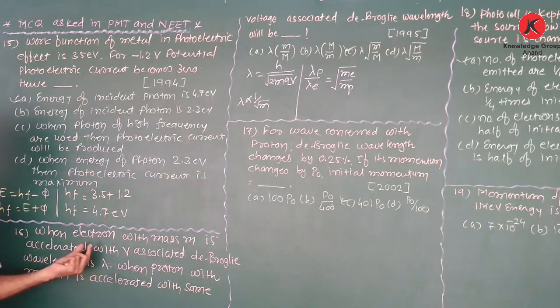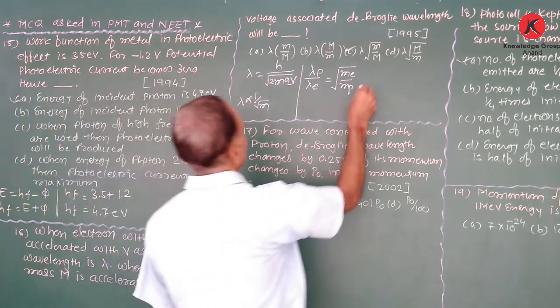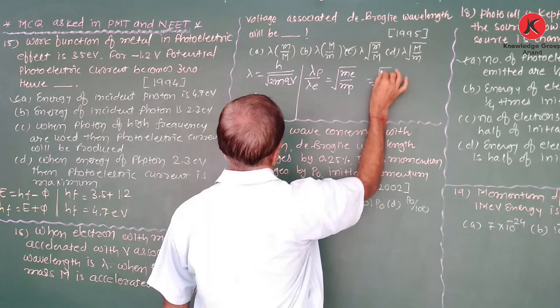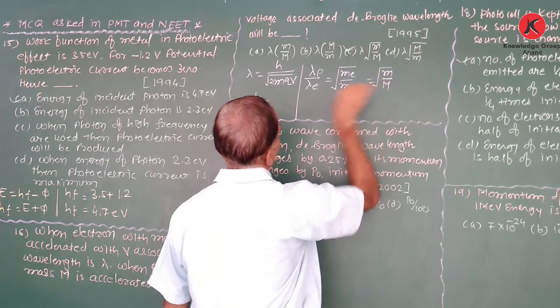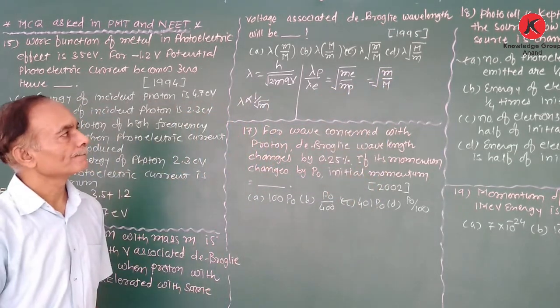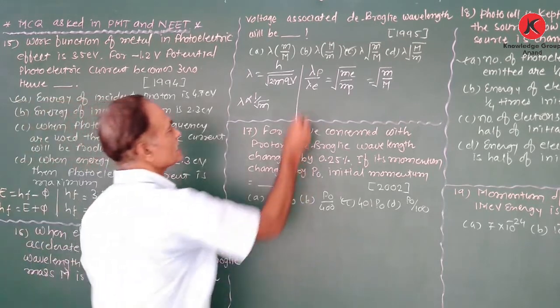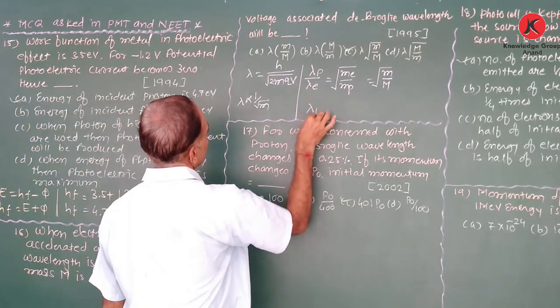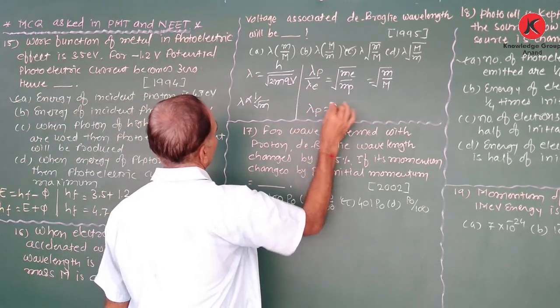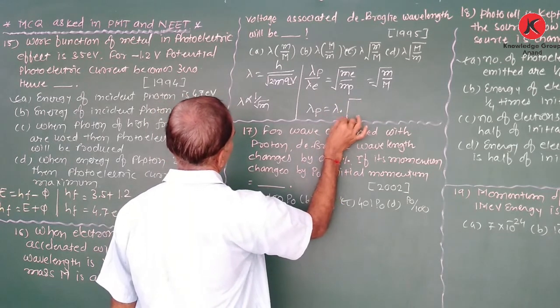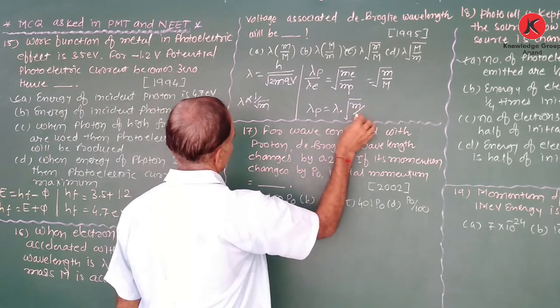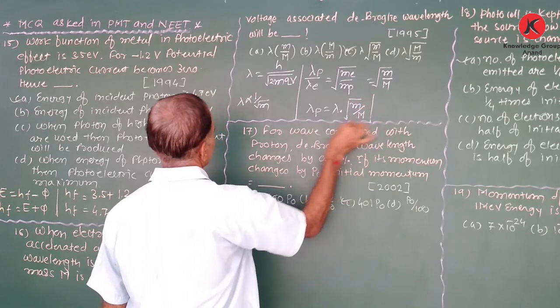The mass of the electron is given as small m and the mass of the proton as capital M. Therefore, under root of small m upon capital M. And the wavelength of the electron is given as lambda. Therefore, the wavelength of the proton is equal to the wavelength of the electron times the square root of the ratio of the mass of the electron to the mass of the proton.